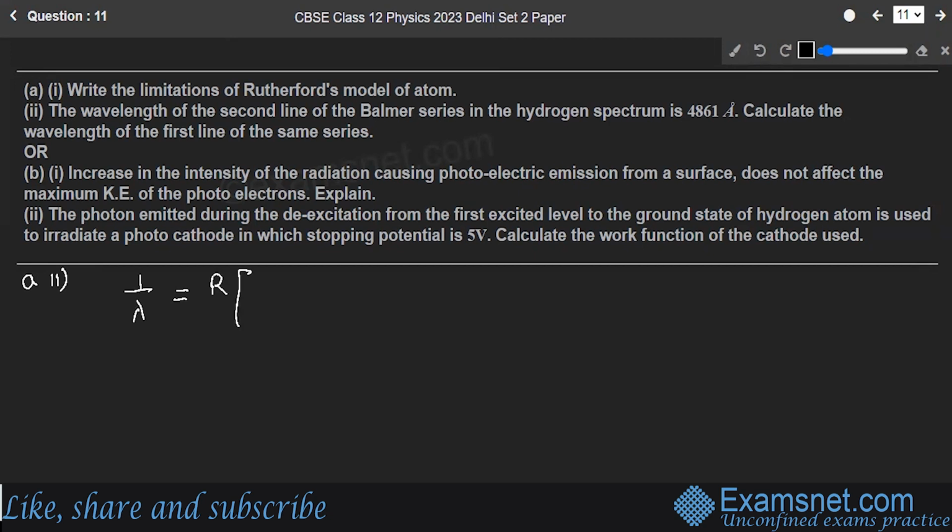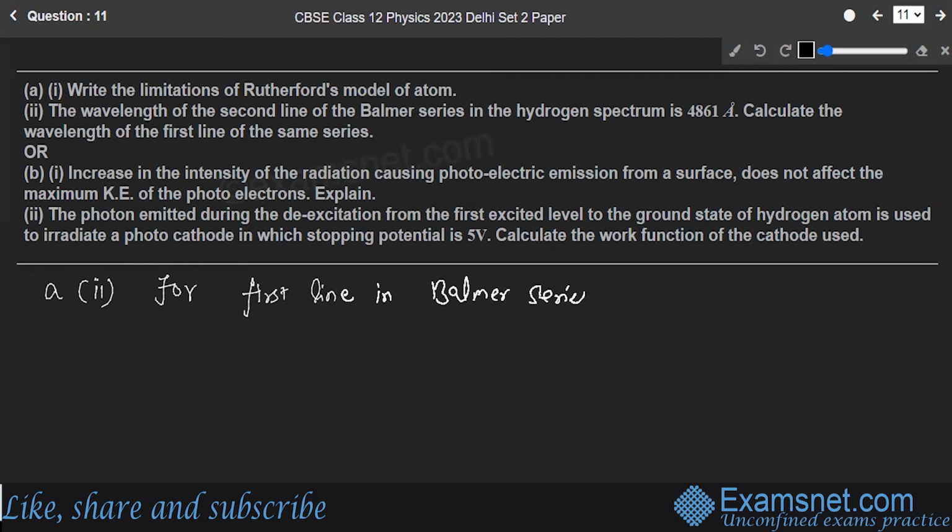A question, second part. For the first line in the Balmer series, you have 1 upon lambda is equal to R into 1 upon 2 square minus 1 upon 3 square.